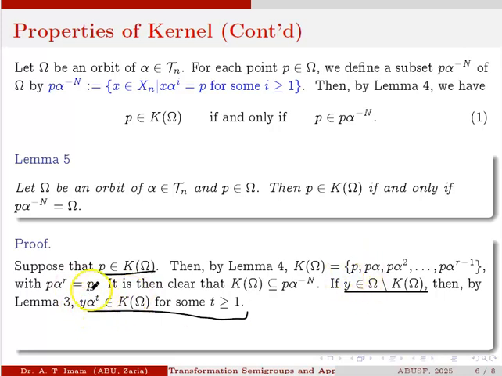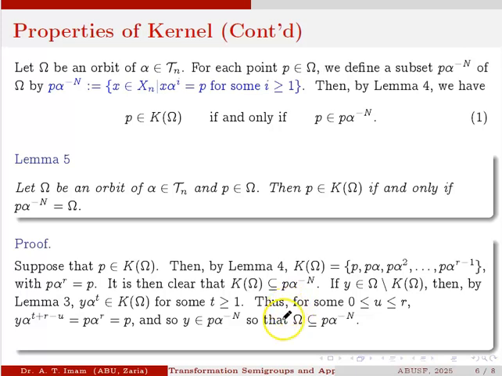So if we keep on applying alpha on this y alpha t, we will arrive at P. So therefore it is clear that equality will hold, because we can find some u less than or equal to r, such that if we continue to apply alpha on this particular point y alpha t, r minus u times, we still hit this point P. And so therefore, starting with y, we can still arrive at P. So therefore y is a point of this set of eventual images for the point P.